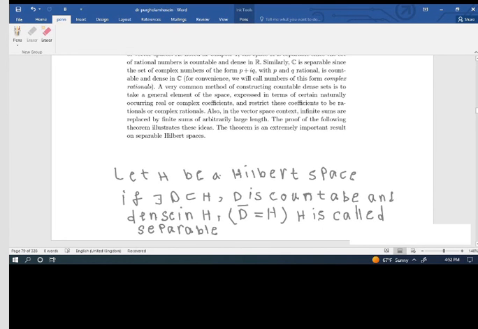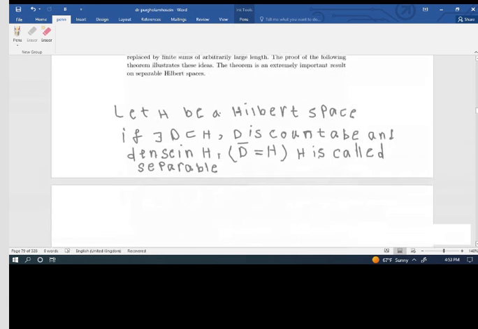For H to be separable, as you see, it must have a dense countable subset. Now we want to speak about separable Hilbert spaces by having a countable basis.